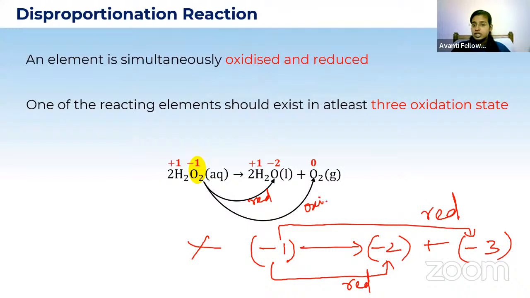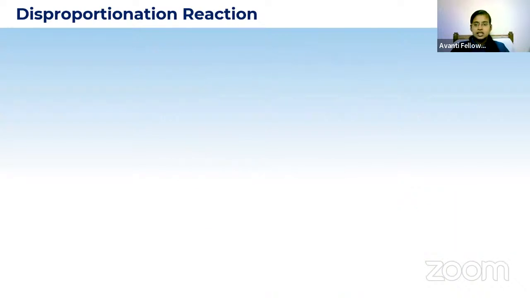Both should not get oxidized or both should not get reduced. You have to keep this in mind, because they will give such kinds of reactions in the examination to confuse us. So please be very careful. Great. So now let's go to the next point about disproportionation.